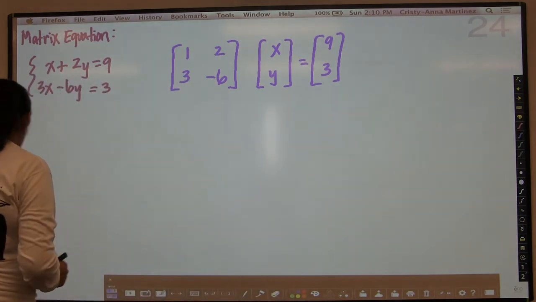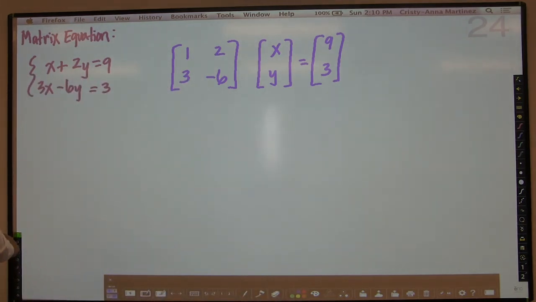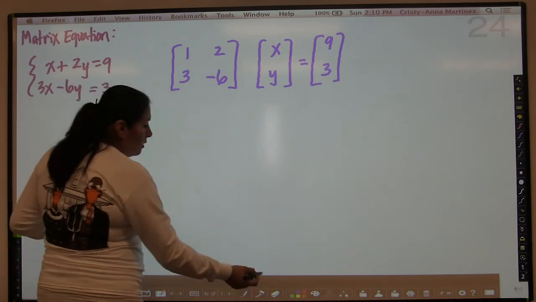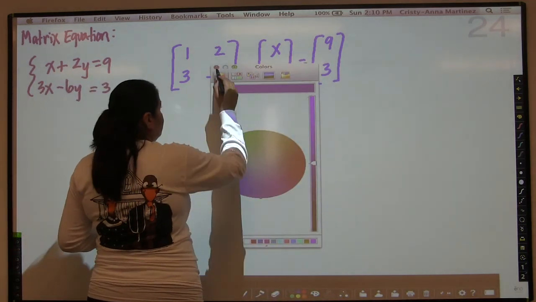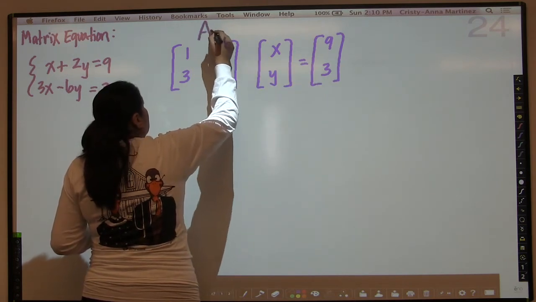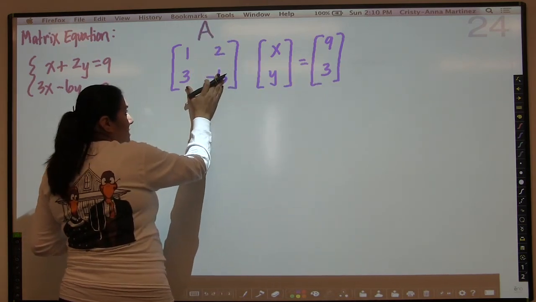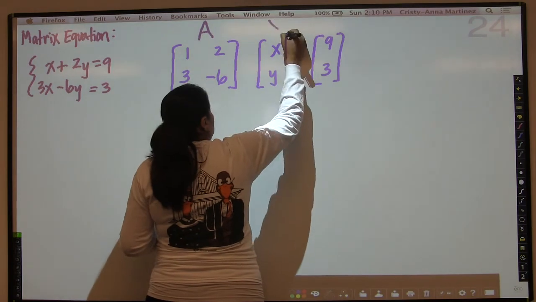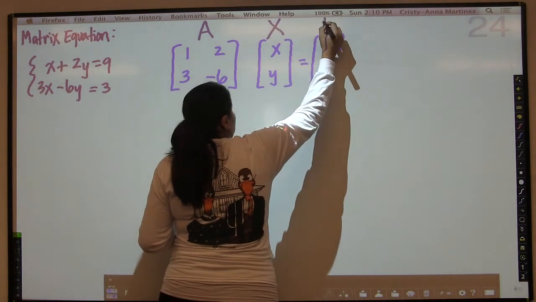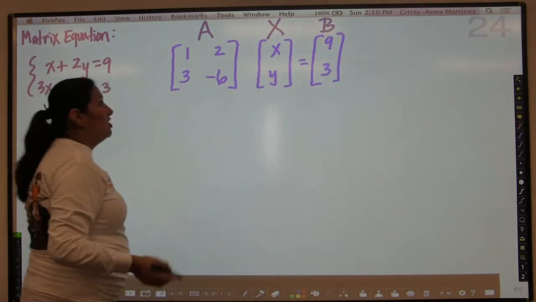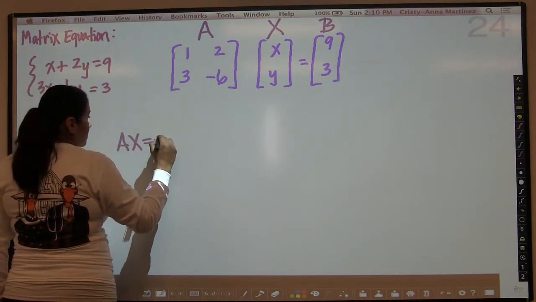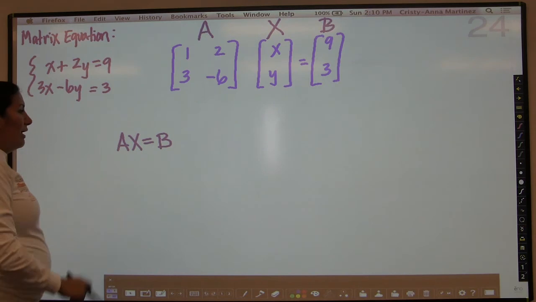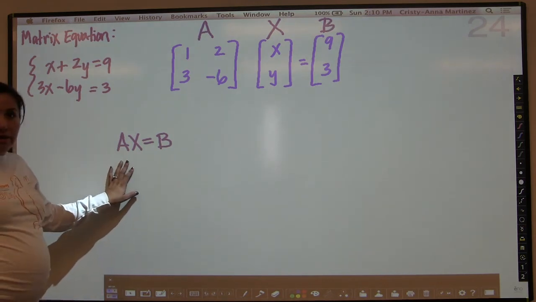For that purpose, we're going to abbreviate some things. We're going to call our coefficient matrix A. So the A matrix is the coefficient matrix. We're going to call our variable matrix X and our constant matrix B. So what you really have is an equation, AX equals B. I'm pretty confident that most of you would know how to solve this.